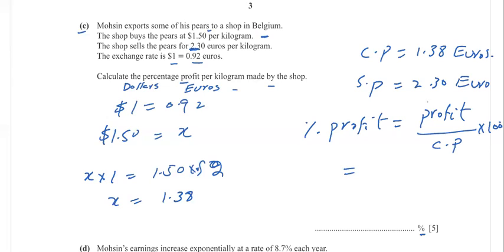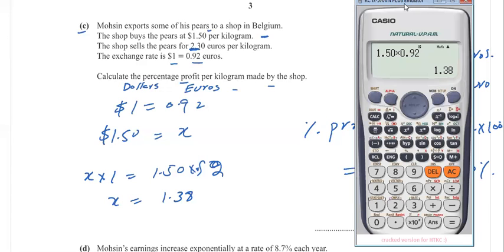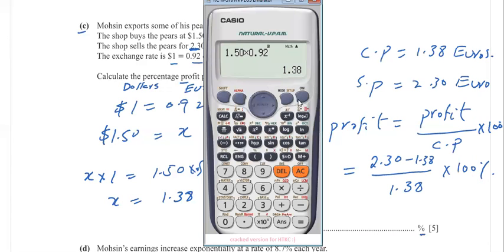So what is profit? Profit is always sell price minus cost price, 2.30 minus 1.38 over what is cost price? Cost price is 1.38 times 100%. Let's calculate now. It will be 2.30 minus 1.38 divided by 1.38.